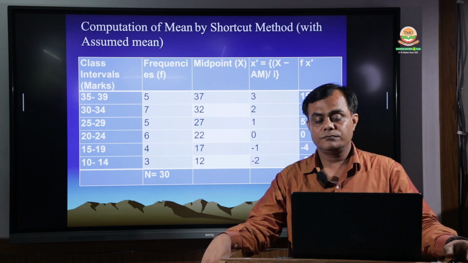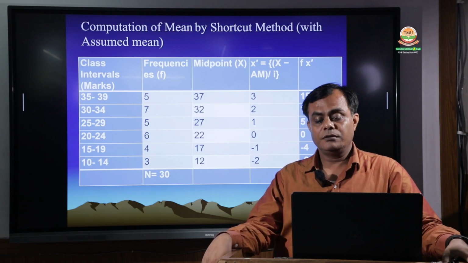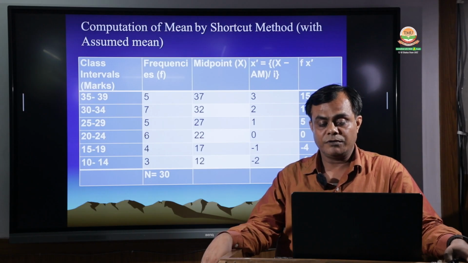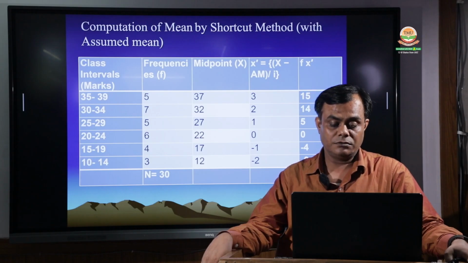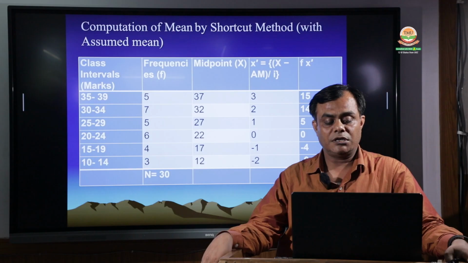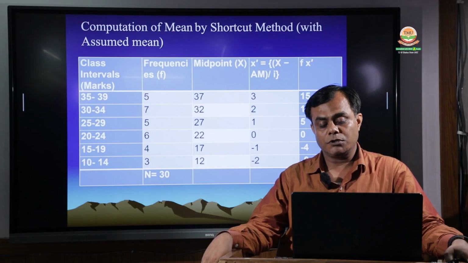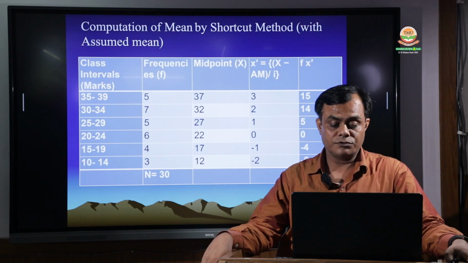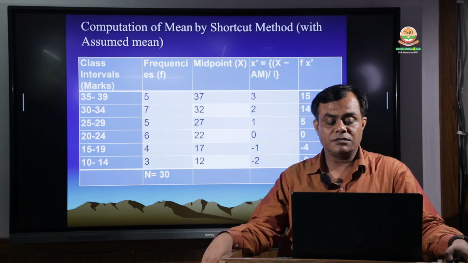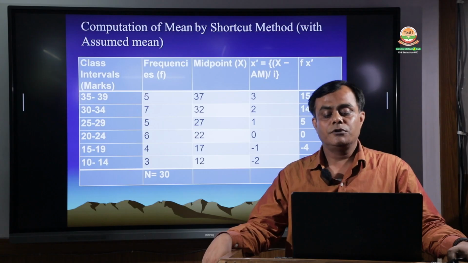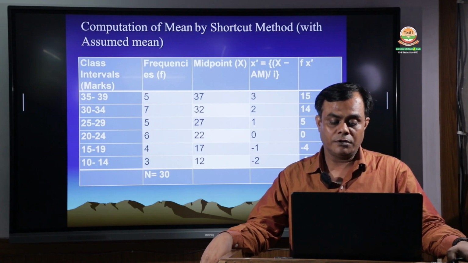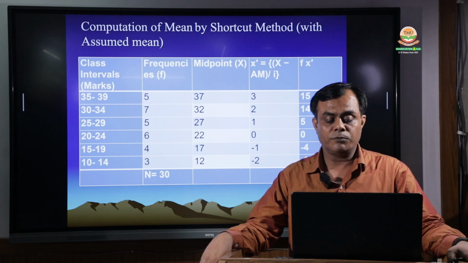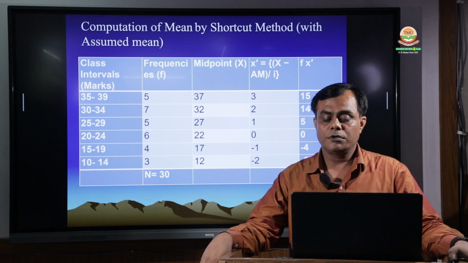First we are calling x'. So 3, 2, 1, 0, minus 1, minus 2, because the total number of class intervals is 6. The highest is 3, and we come to the neutral point, that is 22, 24 and less.